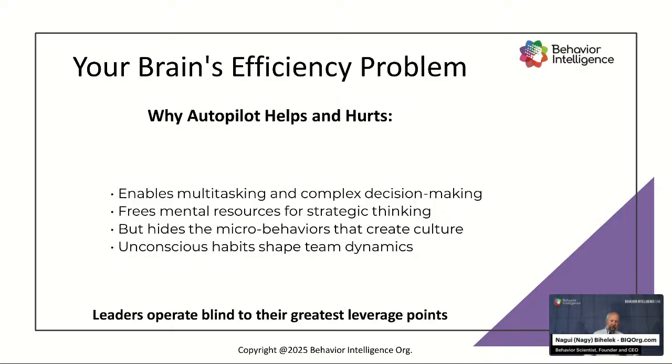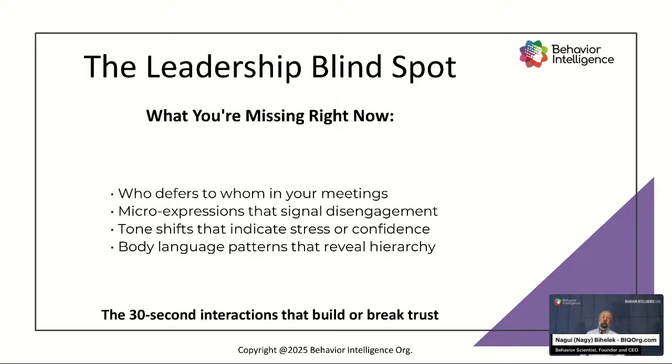Okay, so those things will hide the culture, the behaviors, the unconscious habits if we don't watch for them. So they become the blind spots that we often talk about, right? What you're missing right now, these are just a few examples, all right? So, when you're not paying attention who defers to who, or in meetings, when people don't speak up, they defer to other people to do that. What's going on?